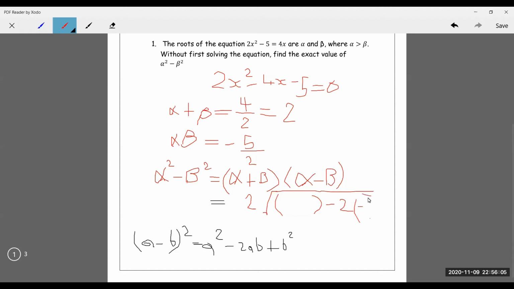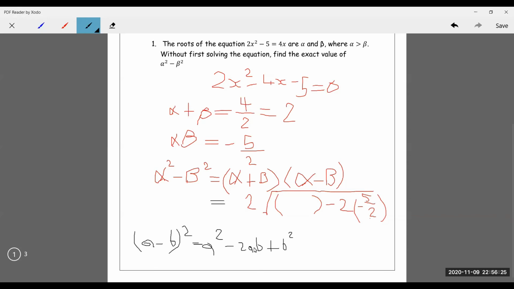Alright, so now I need to find out what is alpha squared plus beta squared.